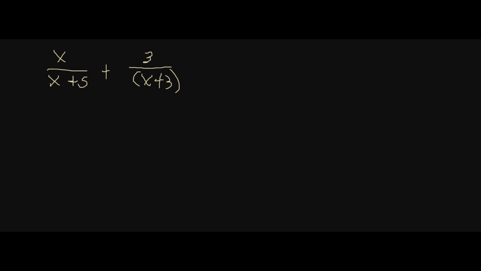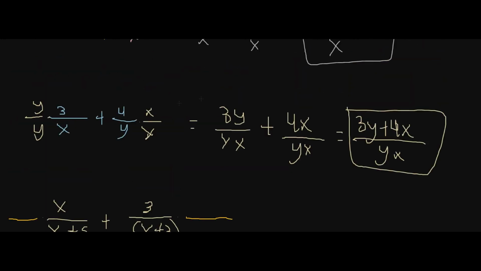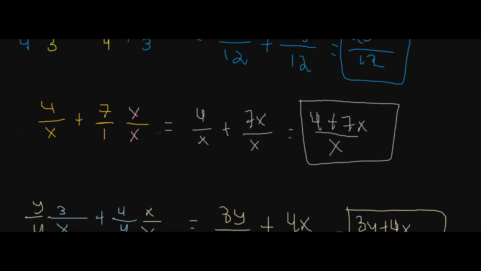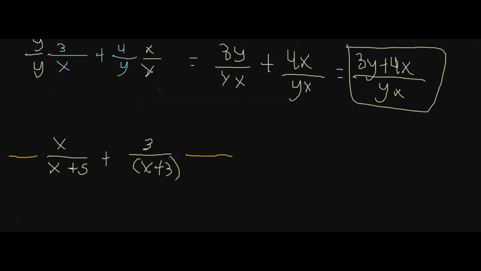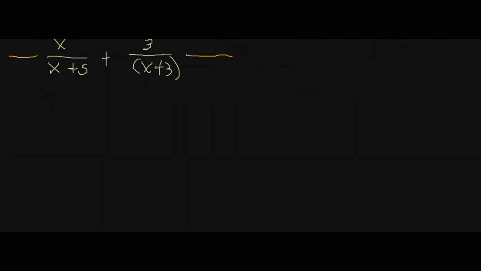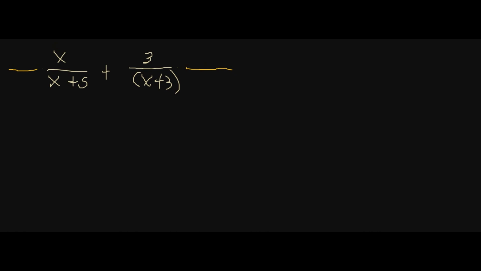Well, this is going to be a little more challenging because we need to get like terms on the bottom, and it's essentially the same principle. We just multiplied the opposite. Here, this was a 3, so we multiplied 3 top and bottom. This was a 4, so we multiplied 4 top and bottom. Now I'll put some parentheses around here so it doesn't confuse us.